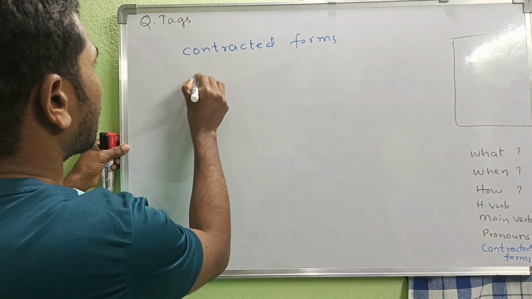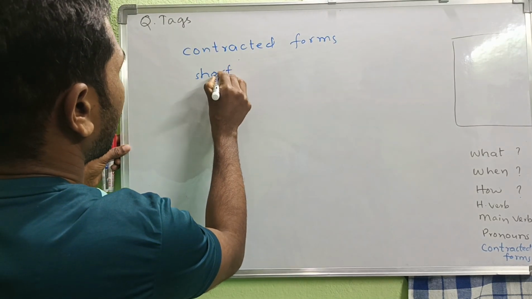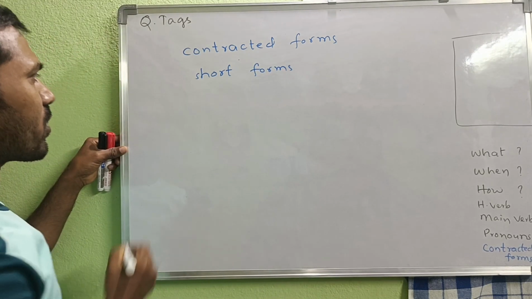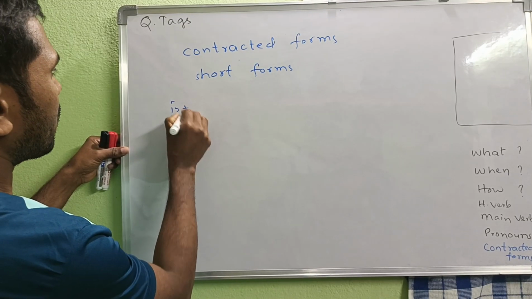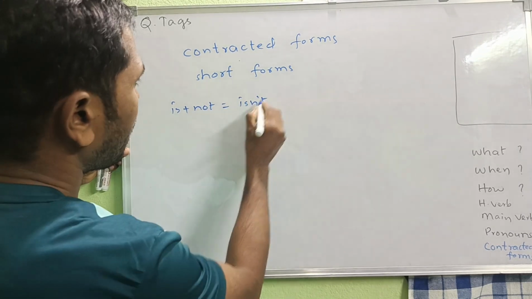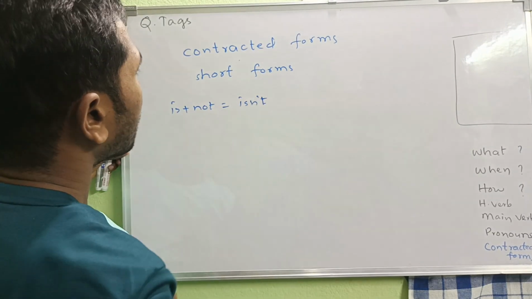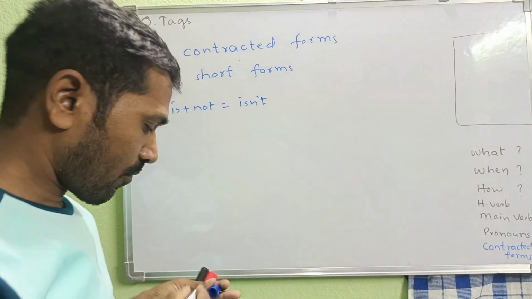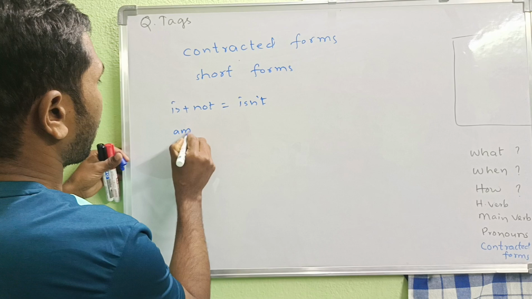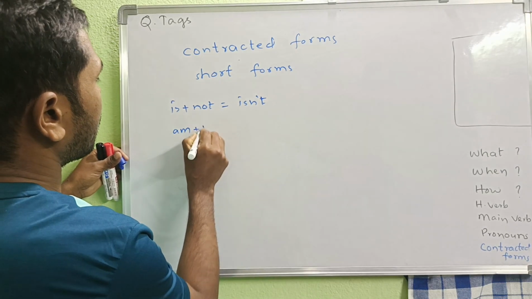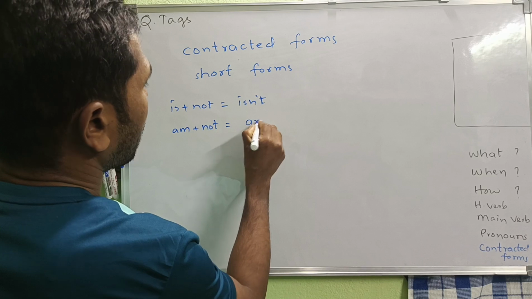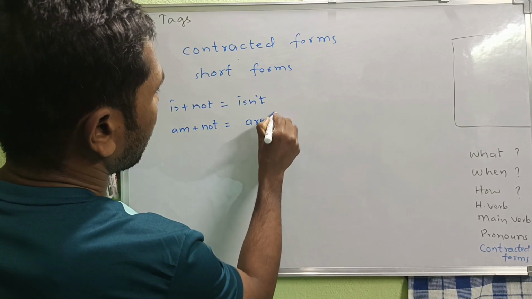Another name is short forms. It is very important to know. Is plus not is isn't. We add an apostrophe and we avoid the o. Am plus not. This is very important: aren't.